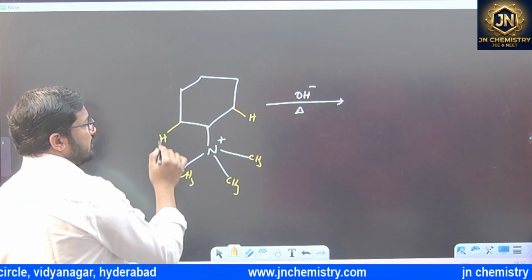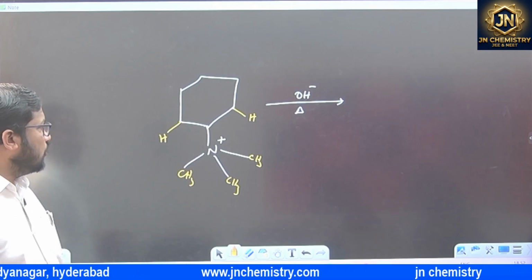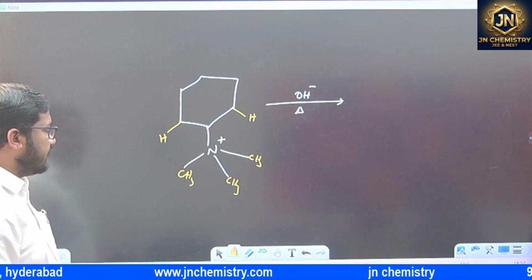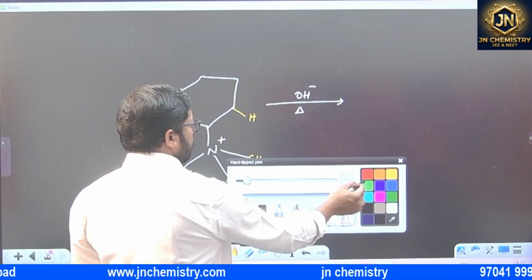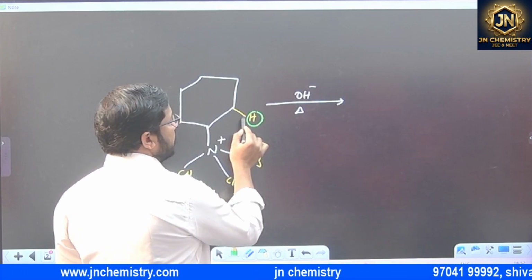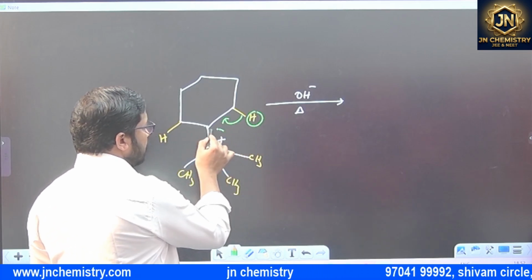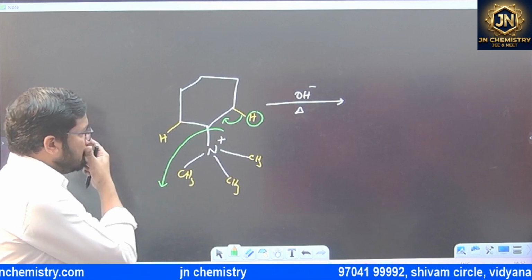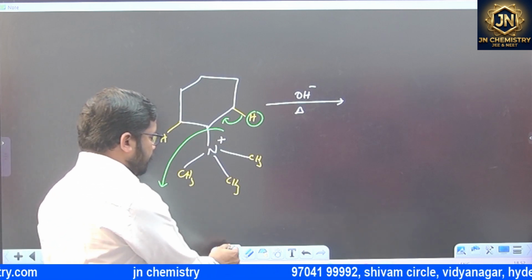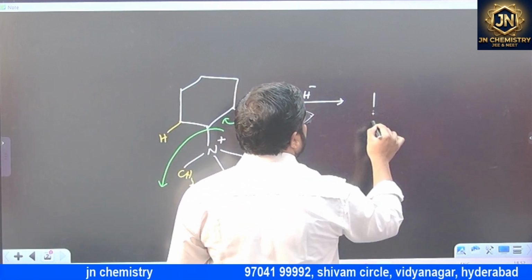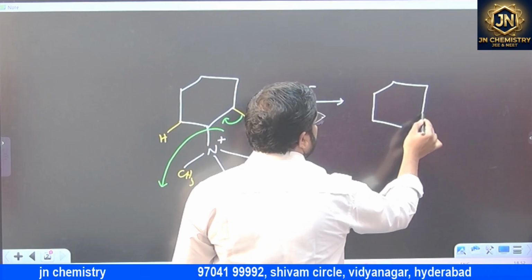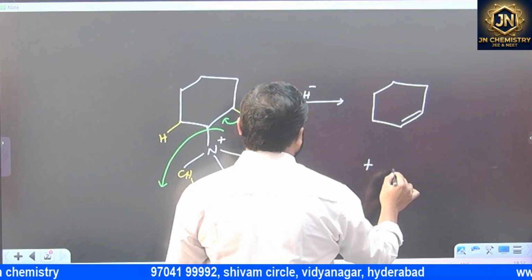We can take this also, doesn't matter. Two beta hydrogens, so anything we can take. So the first is going out, this is coming inside, and this total acts as a leaving group now. So what would be the product? This is the byproduct.